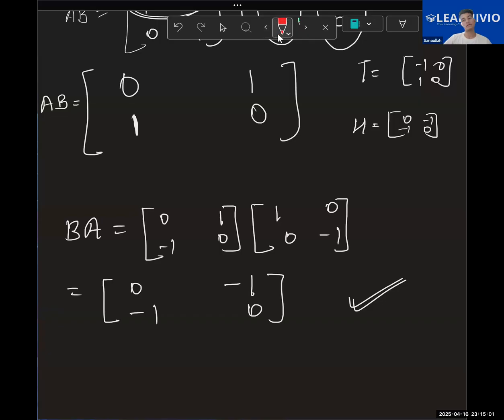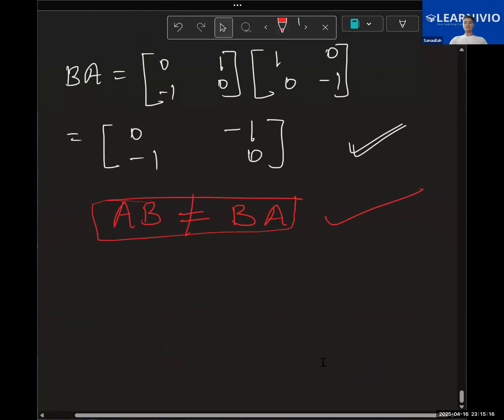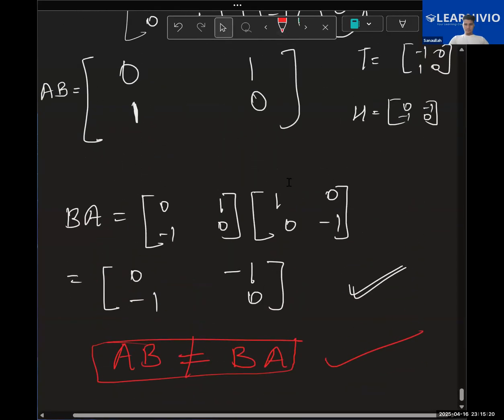No, sir, they are not equal. AB is not equal to BA. This is very important. In matrix multiplication, we can't say AB is equal to BA every time. Is it okay? Yes, sir. Are they clear? Yes, sir.